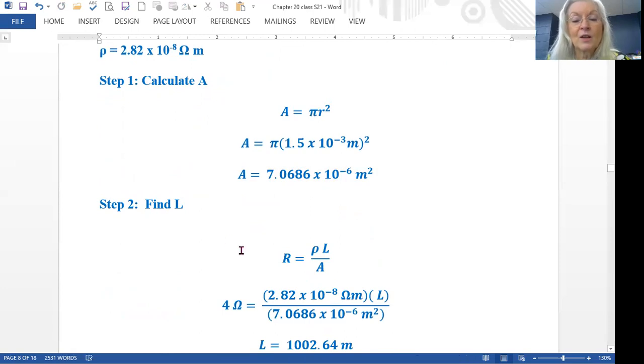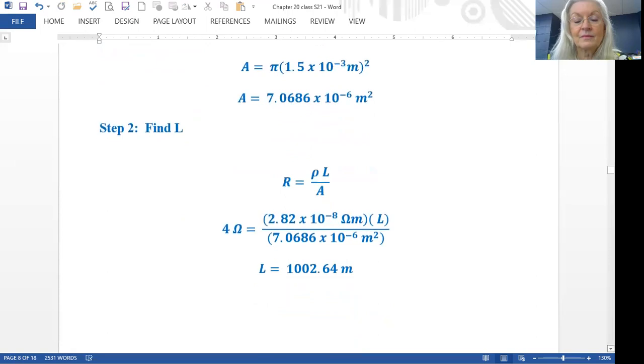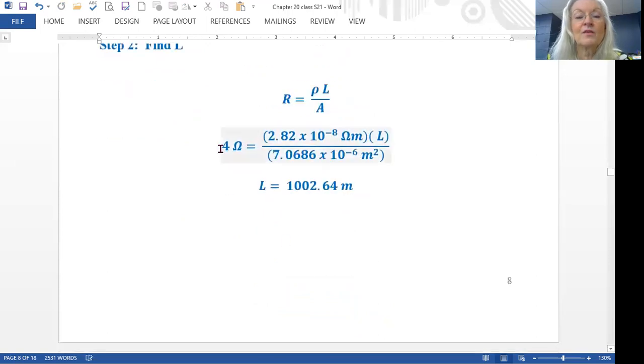We know that R equals rho L over A, and we know R, and we know rho, and we know A, so we can find L. R equals rho L over A, so 4 ohms equals 2.82 times 10 to the minus 8 ohm meters multiplied by L, and then divided by 7.0686 times 10 to the minus 6 meters squared.